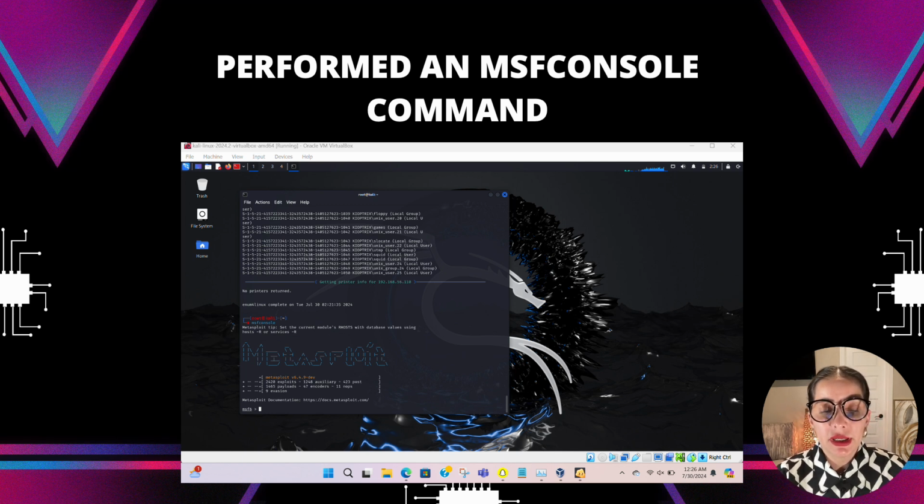I ended up using, even though it was not Nmap, this tool because I was doing a little bit of research and identified that it reveals a lot of vulnerabilities. So I used this open source platform for developing, testing, and executing exploits against target systems through the MSF console, resulting in enumerating users using the SID and providing local groups.